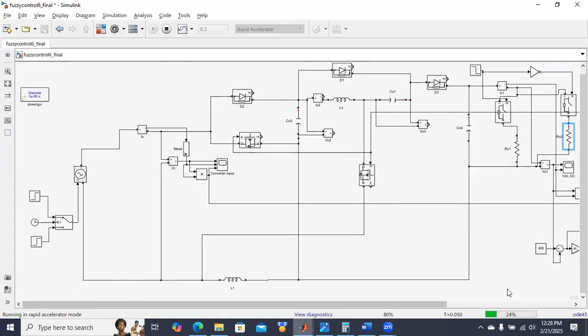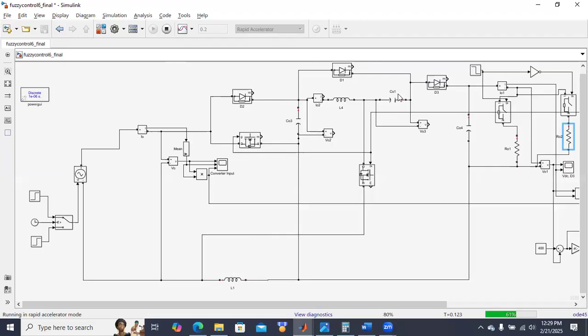Here the simulation is running now. This converter consists of two switches. Both will be turned on at the same time, and two inductors plus two capacitors.